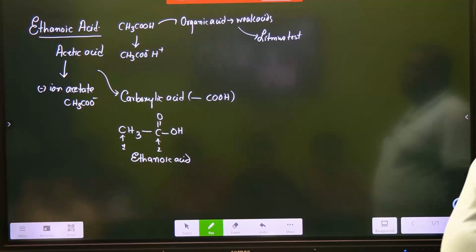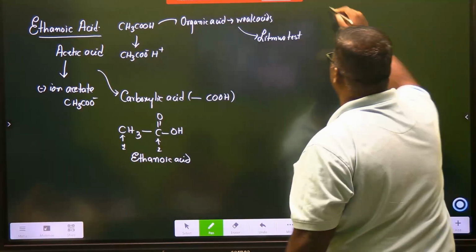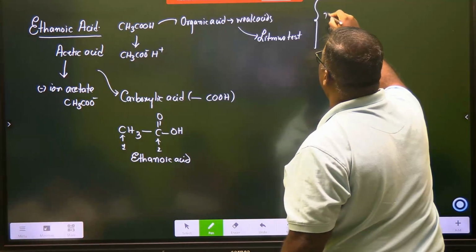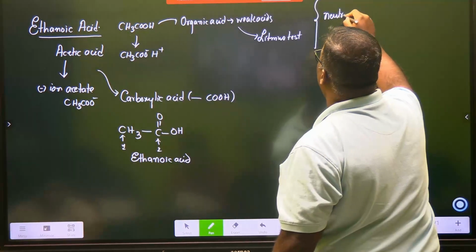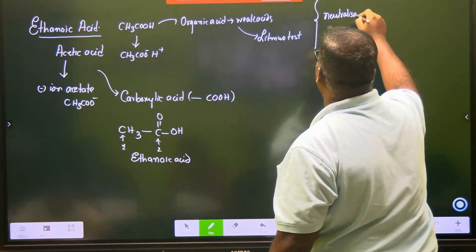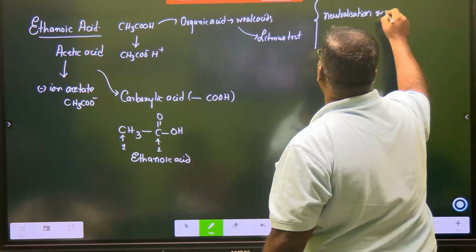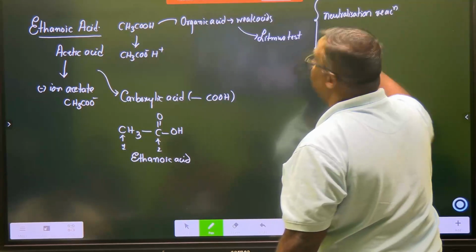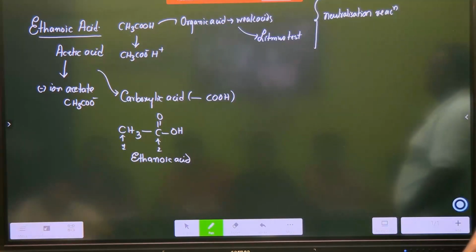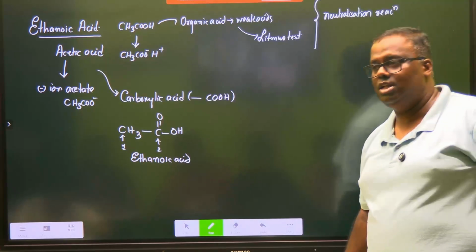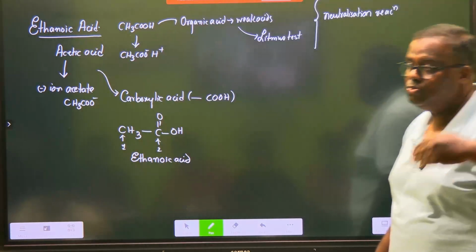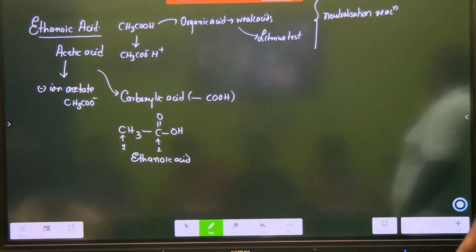Okay. Since this is an acid, we have studied a reaction known as the neutralization reaction. So do you see, one chapter's question can be merged with another chapter, neutralization. What is a neutralization reaction? An acid reacts with a base to form a salt and water.